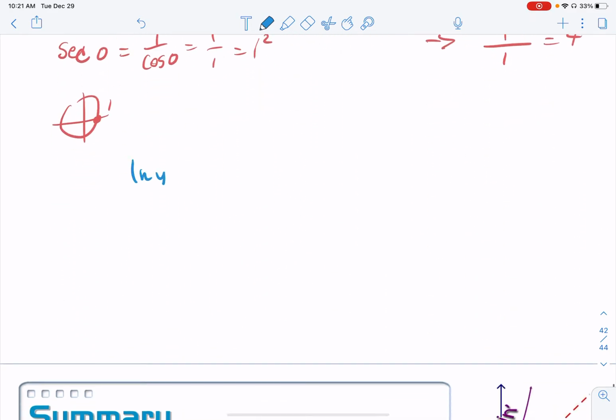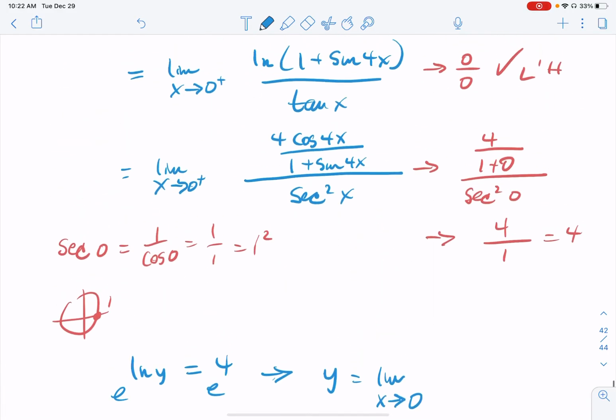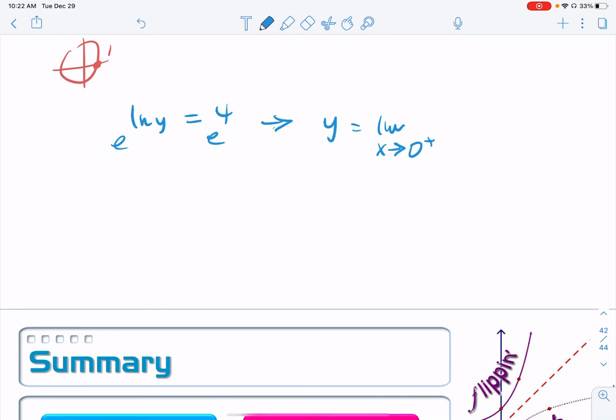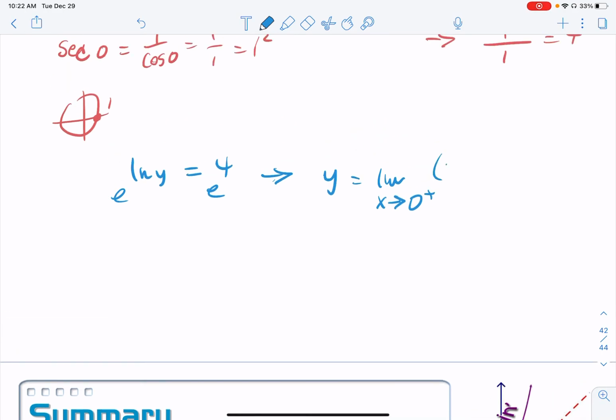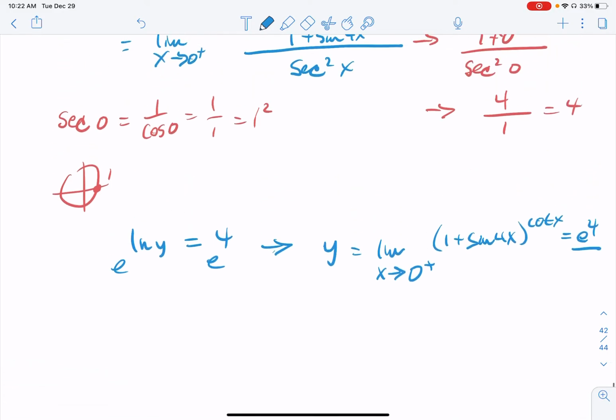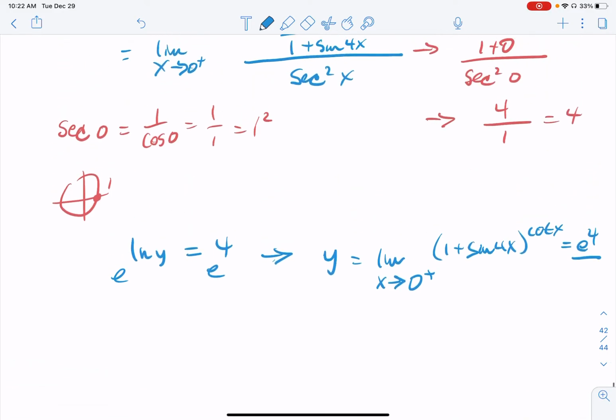So the natural log of y is equal to 4, exponentiate here, and we get y, which is equal to our limit as x goes to 0 from the right of whatever that thing was, 1 plus the sine of 4x to the cotangent of x, is equal to e to the 4th power.